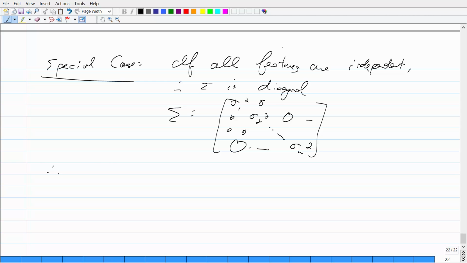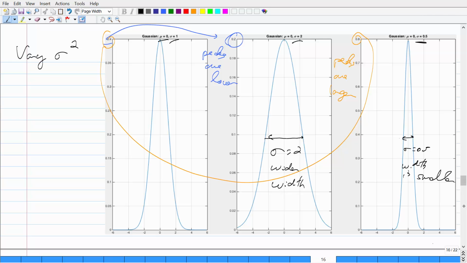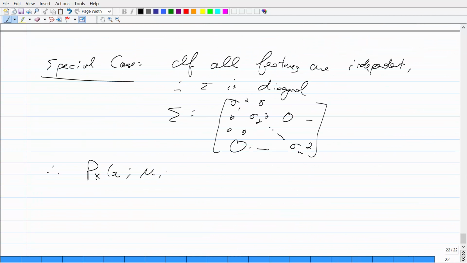So therefore, because this is diagonal, the probability will simplify to this. I'll let you do the math yourself, but it looks like this. So, actually no, I'll go ahead and do it.